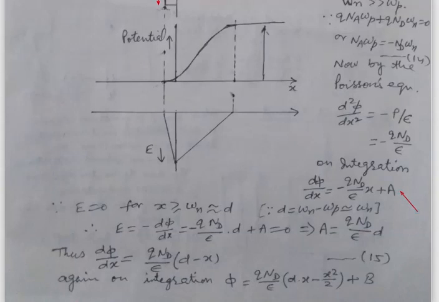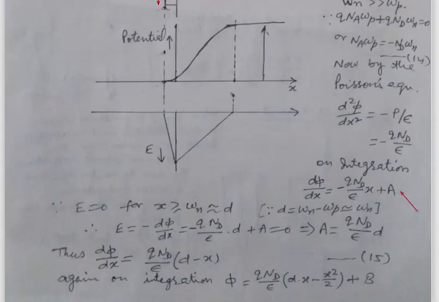Now the electric field will be 0 for x greater than or equal to Wn, that is at the boundary of the depletion layer, which is almost equal to d. Although d is equal to Wn minus Wp, Wp is very small, so we can assume here Wn equal to d.